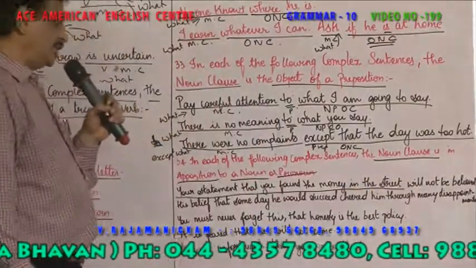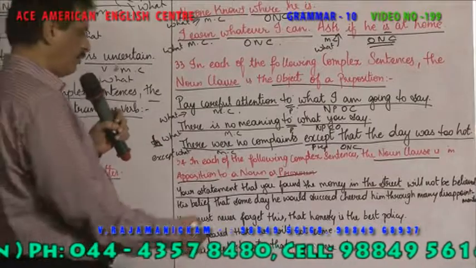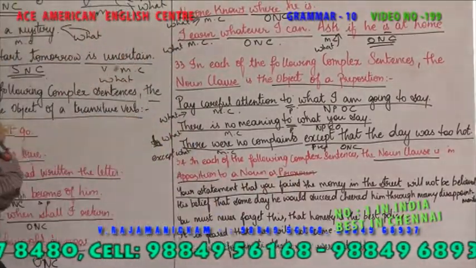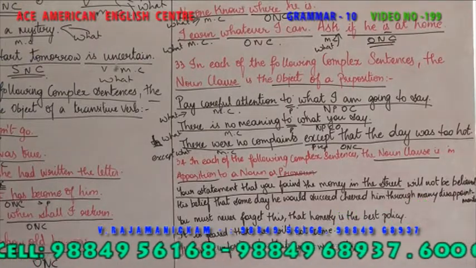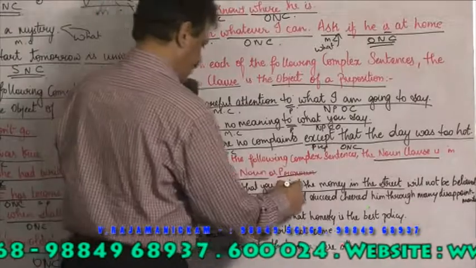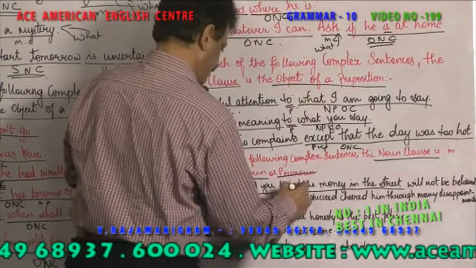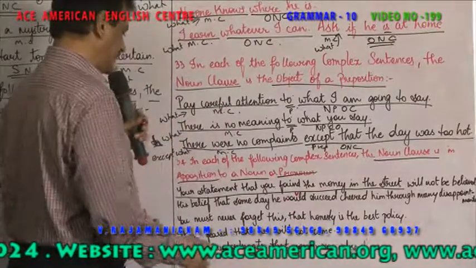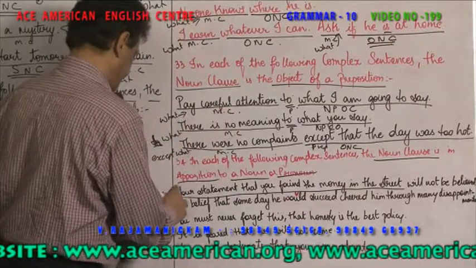It is just apposition. How many verbs are there? Found is the only verb here, isn't it? Your statement that you found the money. So found is the verb. It is the main sentence, main clause.